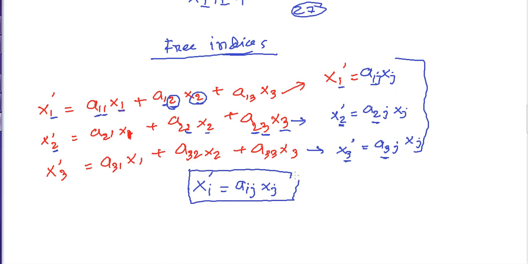Okay, so an index that appears only once in each term of an equation, such as index i here in the above equation, we say i is the index which appears only once in each term of the equation.